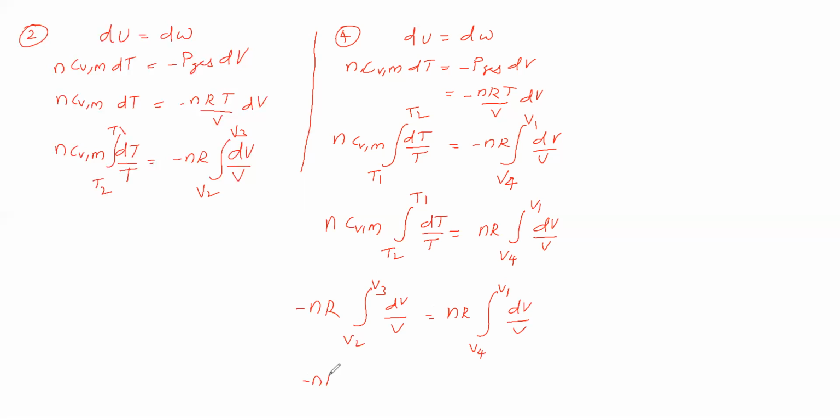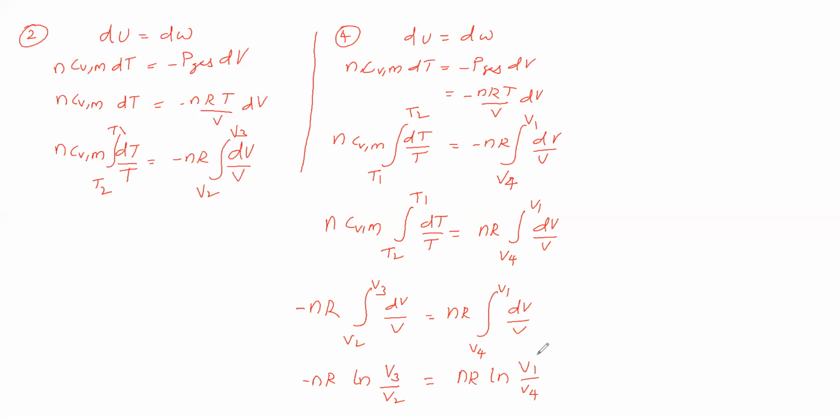So here minus nR, on integration we will get ln V, final limit by initial limit. Here nR ln V, on integration we will get ln V, final limit by initial limit.